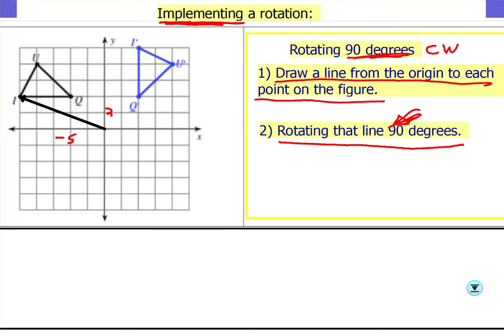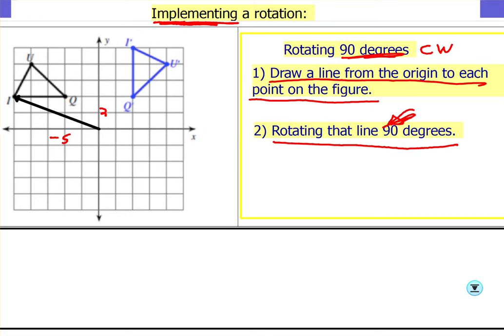So now if I were to rotate this 90 degrees, I want this to keep the same size. And we'll do it, and then we'll re-look at it once we're done. But essentially, if I were to take this line and rotate it, I'm now going from left 5 to up 5, and from up 2 to right 2.